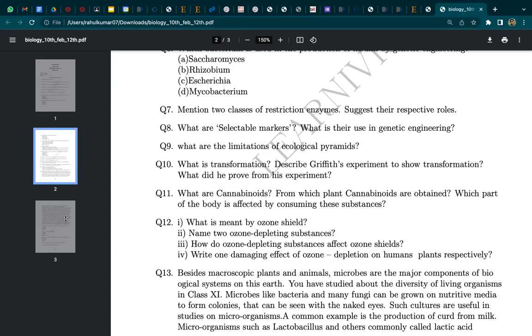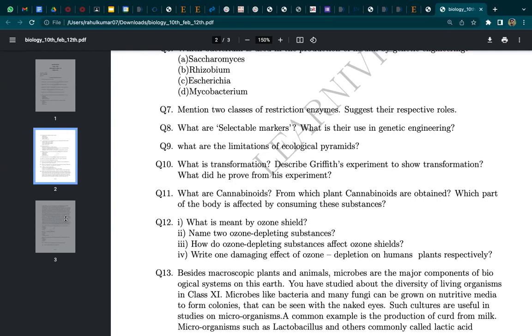It was not resistant to antibiotics. After transforming it with our recombinant DNA, it started producing insulin, which is not a bacterial gene. It's a eukaryotic gene. Second, it also started showing antibiotic resistance to ampicillin, kanamycin, tetracycline, whatever we have given. So the bacteria got transformed into something which it was not.